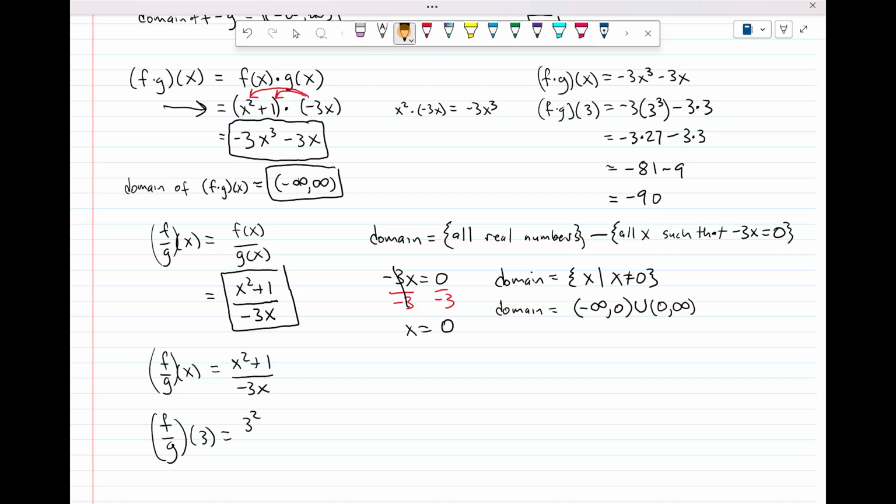So this would be 3 squared plus 1 on top, negative 3 times 3 on the bottom. 3 squared plus 1 is 10. That goes on top. Negative 3 times 3 is negative 9. I can't simplify this. This is a perfectly good answer.